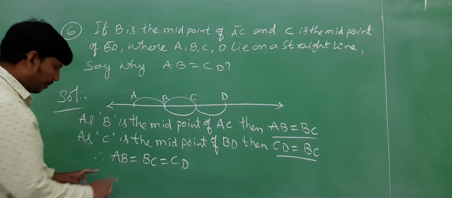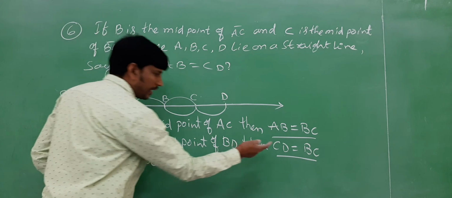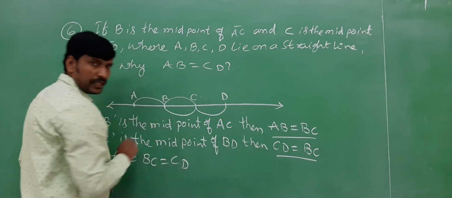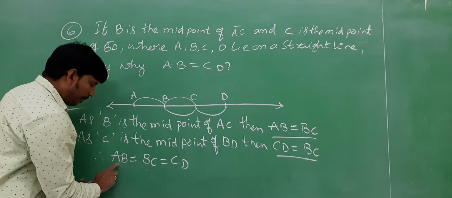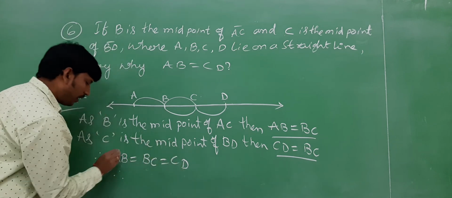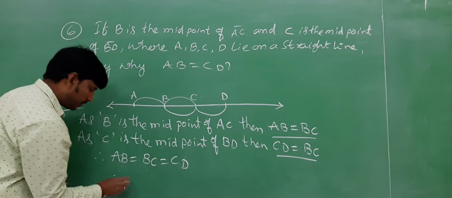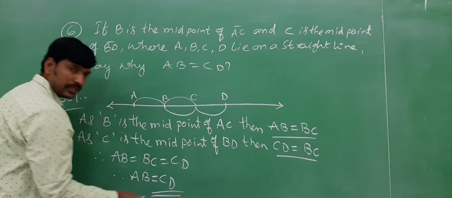AB equal to BC from the first condition, and from the second condition BC equal to CD. So if AB equal to BC equal to CD, therefore AB equal to CD also. Right? AB equal to CD, isn't it?